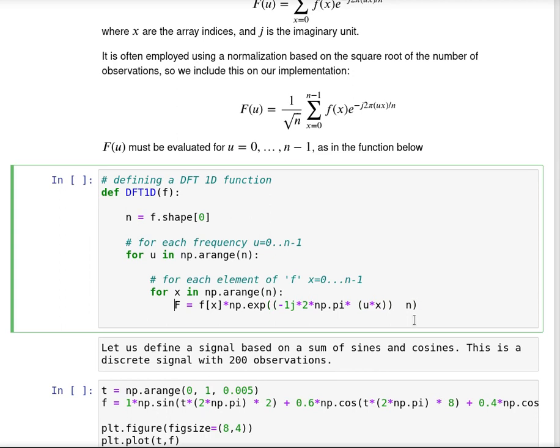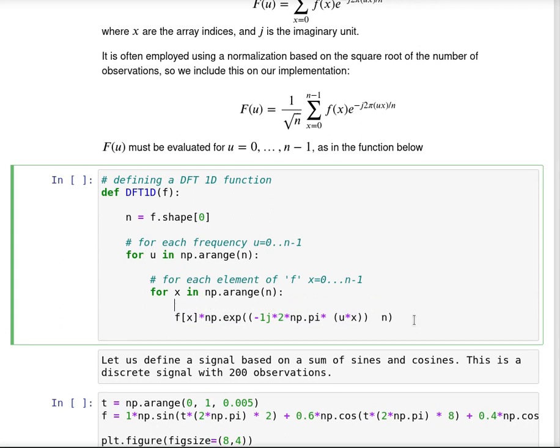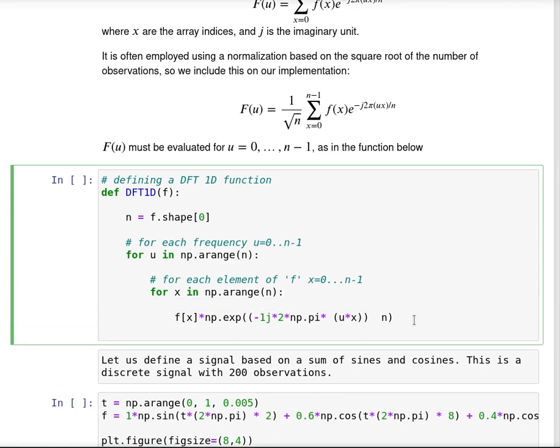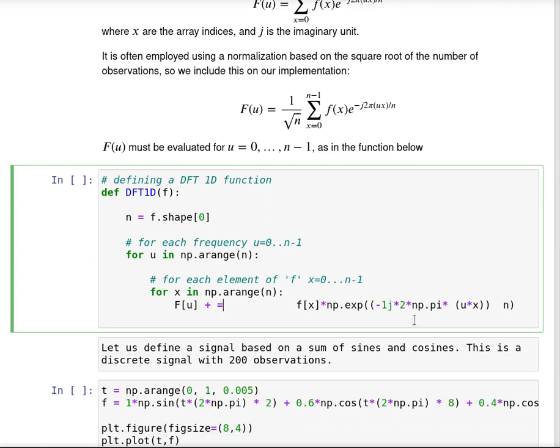So that's it. But remember that in this case I'm just computing for a single x. What I want to do actually is to do that for multiple values, so for every x. So basically this is F of u. I have to create a vector capital F for every position u.